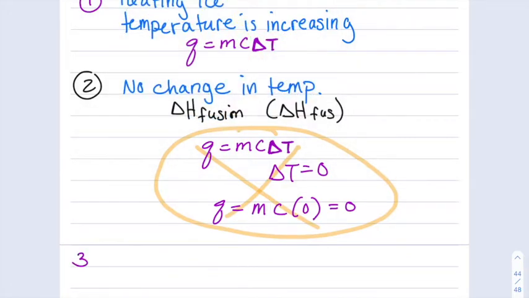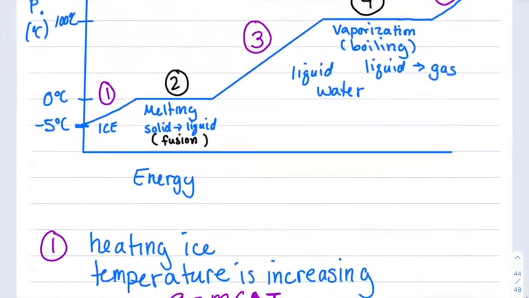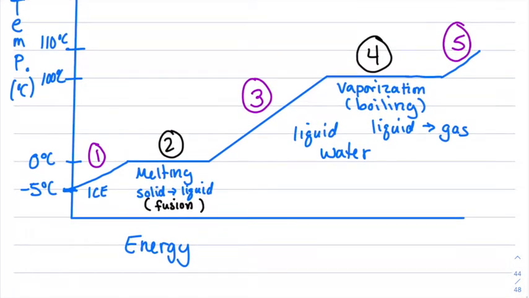All right, so next up is number 3. And in number 3, we have our liquid water. It started at 0 degrees Celsius, and it rises until it gets to 100 degrees Celsius.